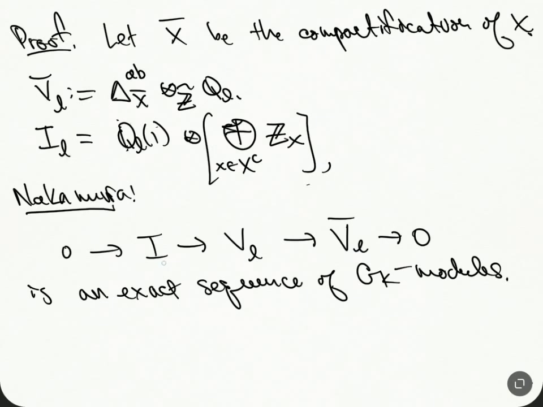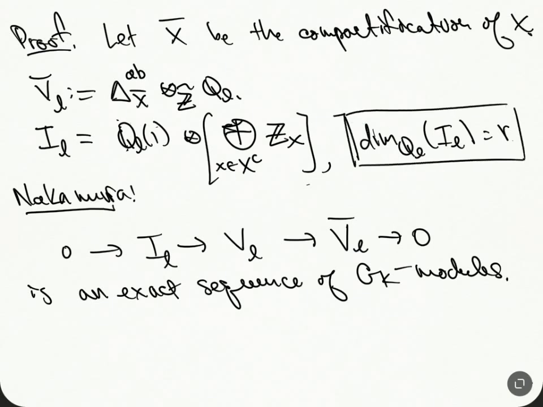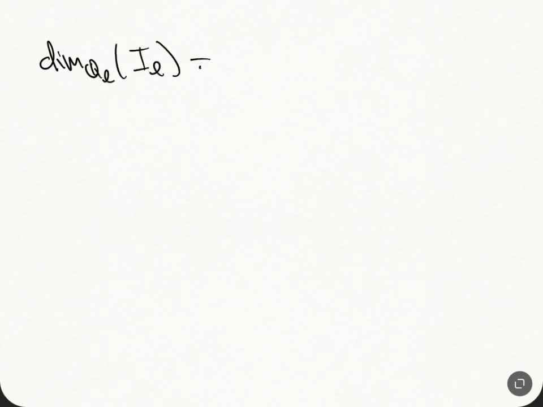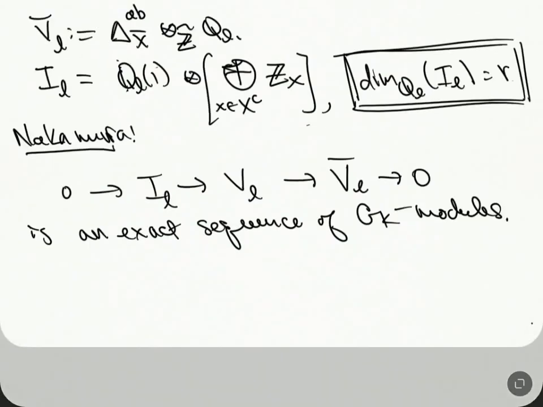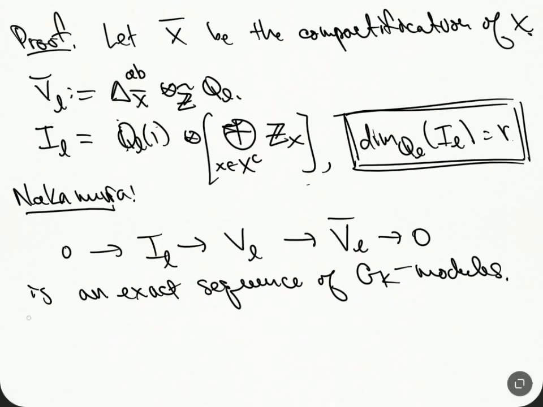Let's call this I_l. So the Q_l dimension of I_l is r. So this is the number of cusps, and this is what we're after. Okay, so we write this out. This was a representation that was pure of weight minus 2 by Nakamura. Okay, and this exact sequence respects weights. So in particular, we have the following exact sequence for every w.